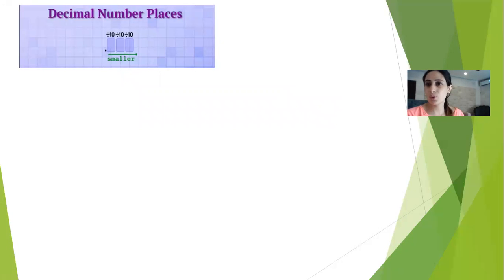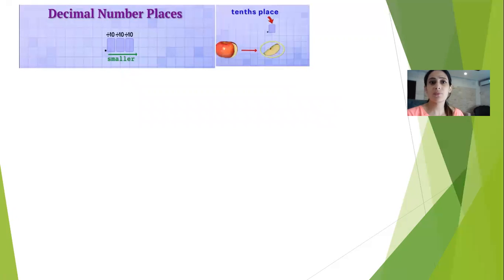Okay, to show you more, if you can see, we have a decimal point in the following picture, and we have 3 places here, and there is the word smaller. If you look carefully, we have the apple that we divided into 10 equal parts, and we took the first part. It shows the tenths place. So pay attention.